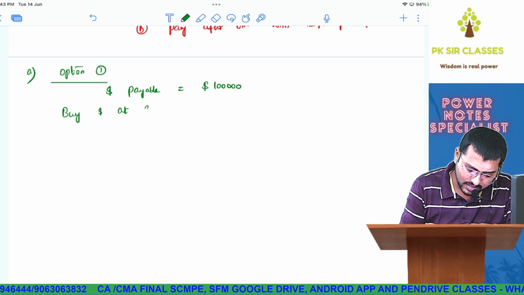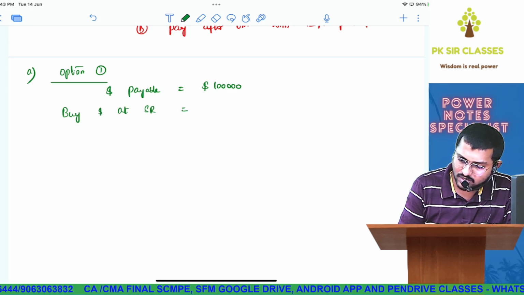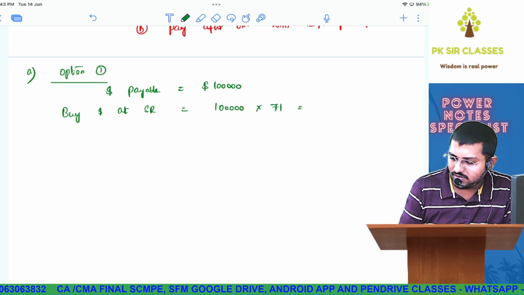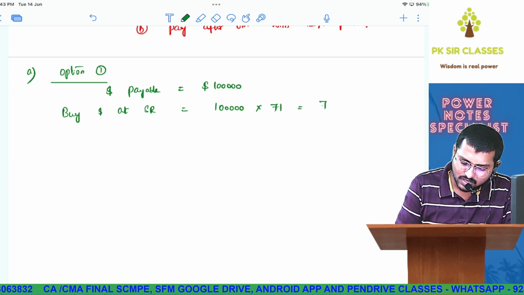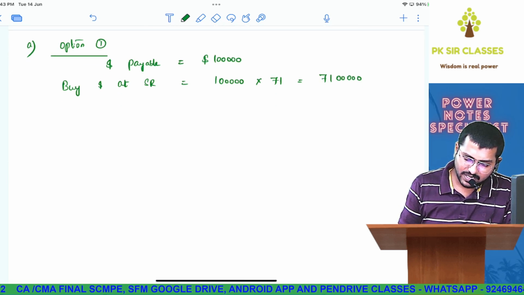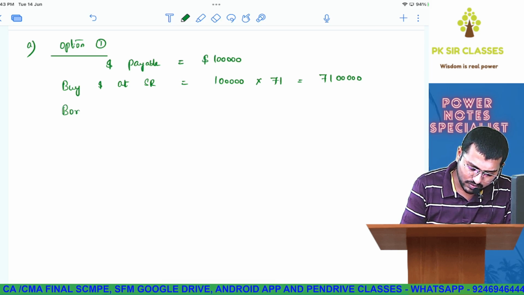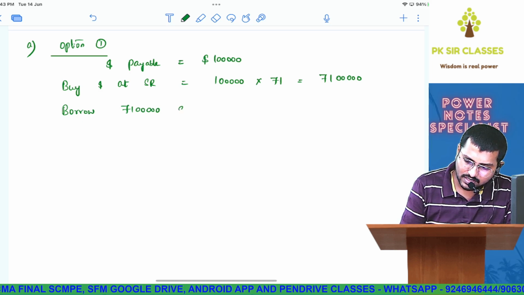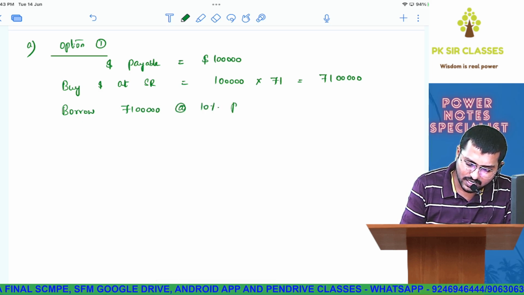Buy dollars at spot rate is equal to how much? $100,000 into the spot rate of 71, so bank will be selling dollars. Therefore 71 lakh. But you have to pay immediately, which means you have to borrow 71 lakhs. At what percentage of interest in India? 10%.